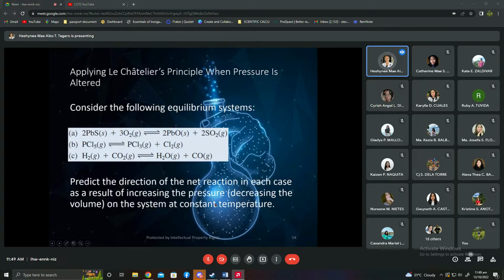So for the system to reach equilibrium, it needs to shift to the side where there are fewer moles of gas. Between 3 moles of oxygen and 2 moles of sulfur dioxide, in which side will the equilibrium shift?